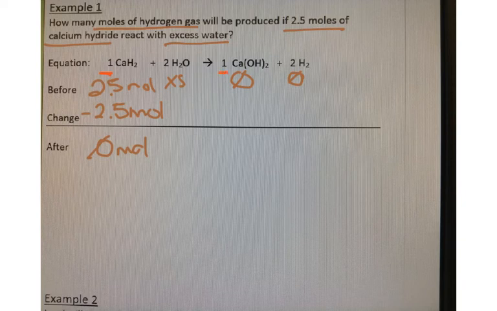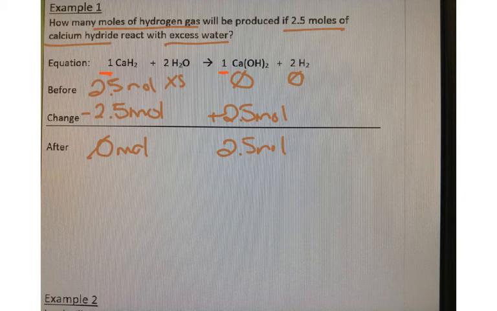So because they are going to change at the same rate, I am going to lose 2.5 moles of calcium hydride, meaning I am going to gain 2.5 moles of calcium hydroxide. And so 0 plus 2.5 is 2.5 moles. Okay, and that's the only two that have the same coefficients at this moment.